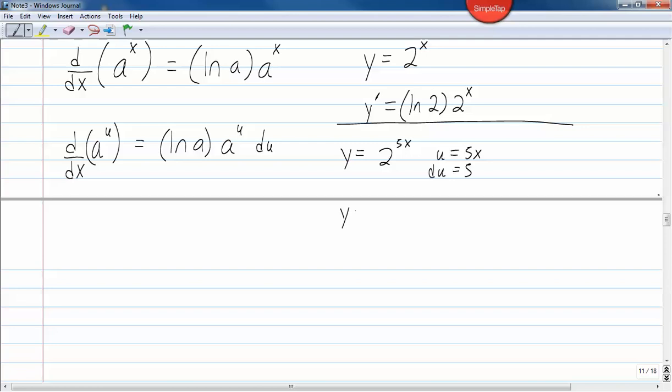So the first derivative would be natural log of 2 times 2 to the 5x times 5, which I would not leave this 5 behind the exponential function.